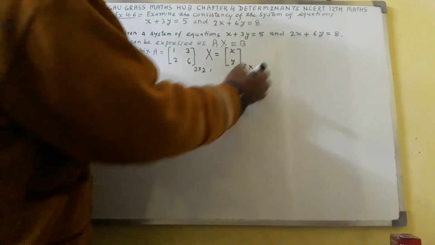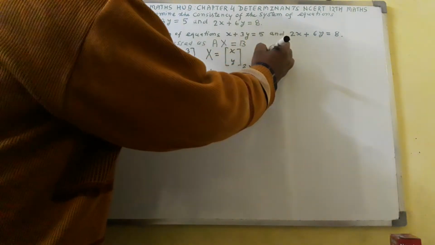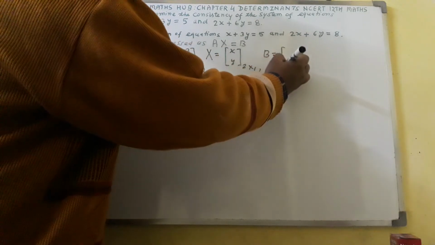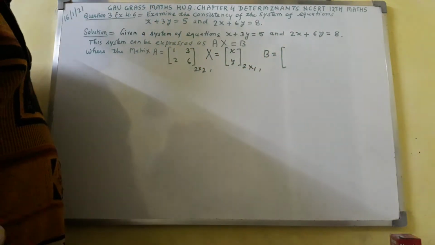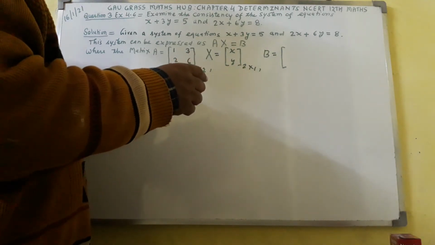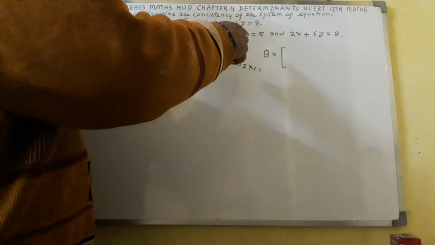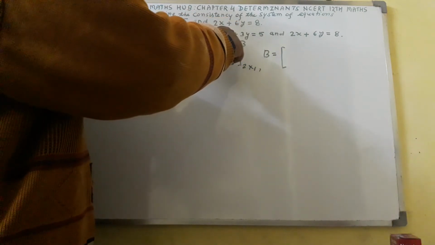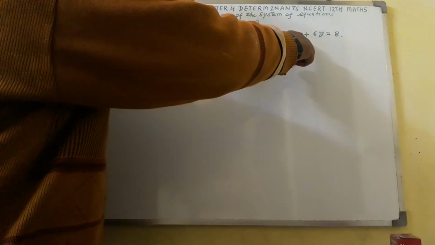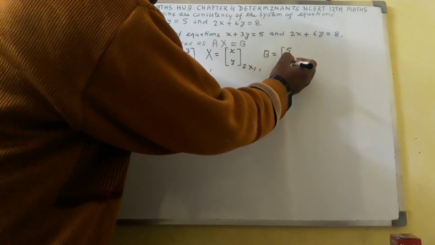Now again I shall write matrix B equal to opening of square bracket. Here I shall take the constant 5 from the first equation, so here write element 5, and I shall take the constant 8 from the second equation, so here write 8.